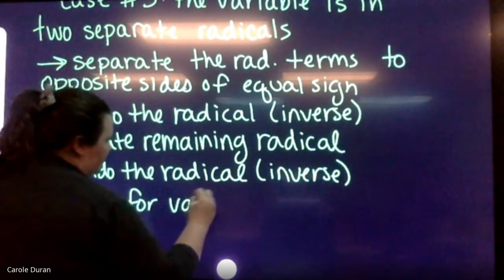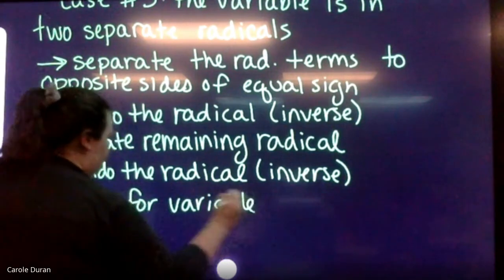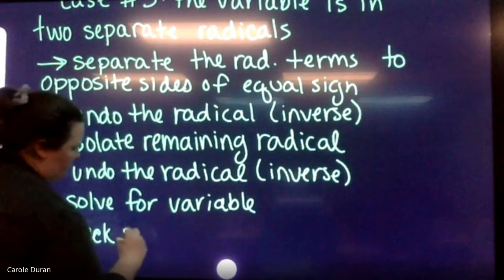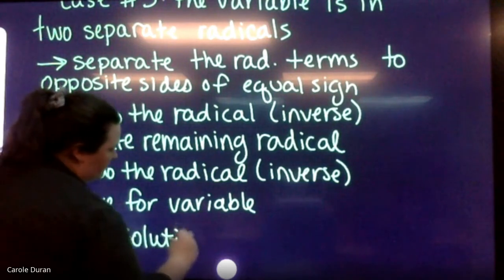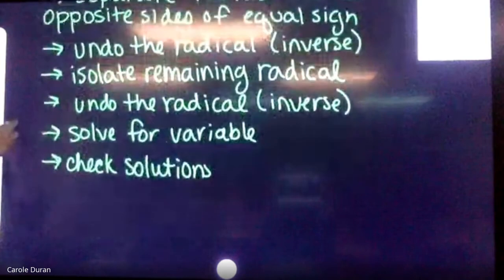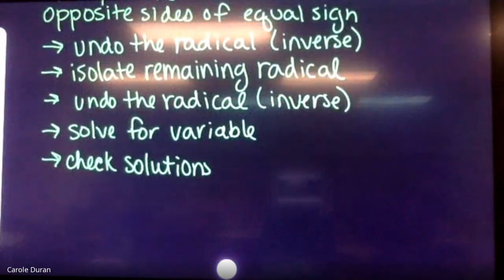And then step 6 is to check your solutions. And again, we're just going to do one of these because they're all pretty much the same. If you do want an extra example, though, after we do this one, there is one in the notes.